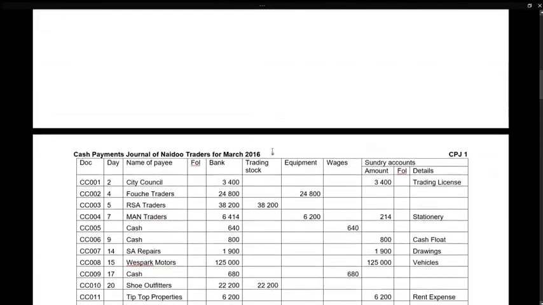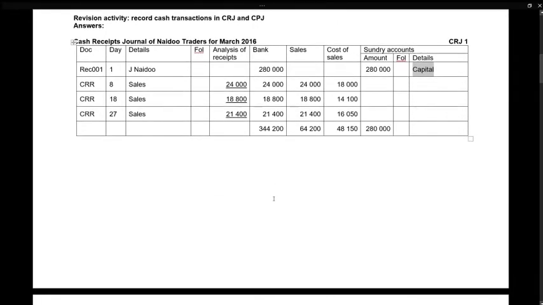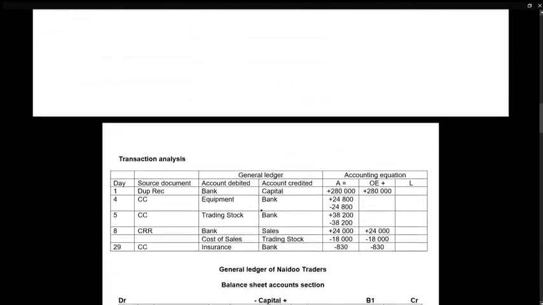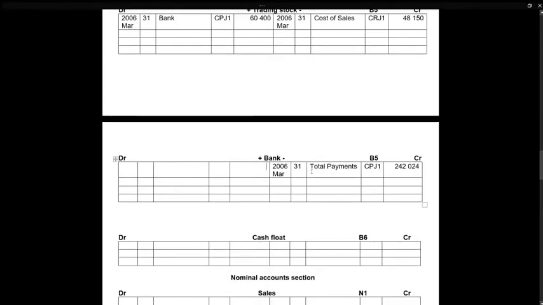Same as with total receipts. We received 344,200 Rand because we had sales and because we received capital. Right, so 344,200 Rand, total of a column, therefore need to use the very last day of the month. So 344,200 Rand.